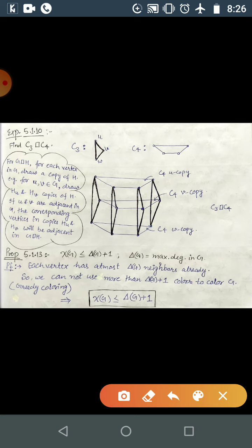So here this is C4, this is C4 and this is C4, and at each vertex I have just replaced C3, this one is C3, this one is C3, this one is C3, and the corresponding vertices will be adjacent, that's why I have made these adjacent.